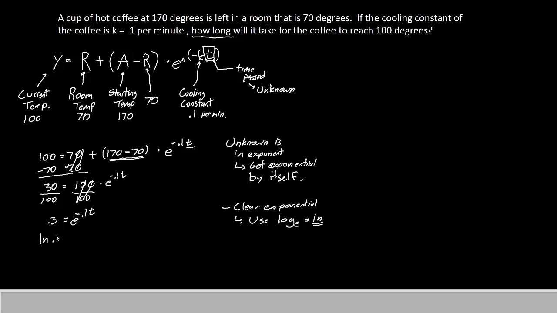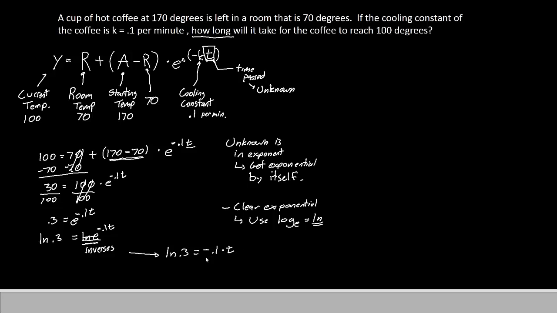We'll have ln of 0.3 equals ln of e to the negative 0.1t. But ln and e are inverses, so you can cancel them both out. So our equation is now ln of 0.3 equals negative 0.1 times t.